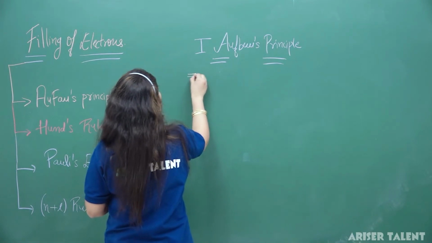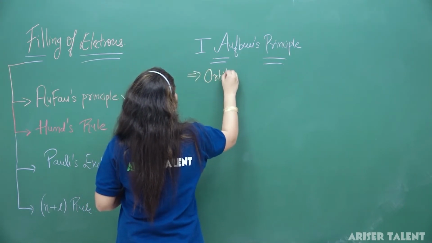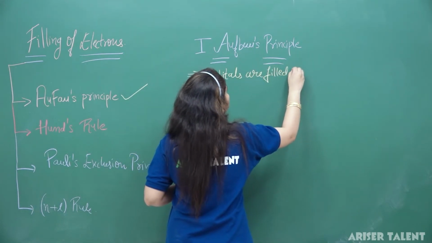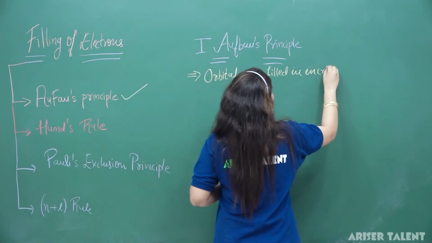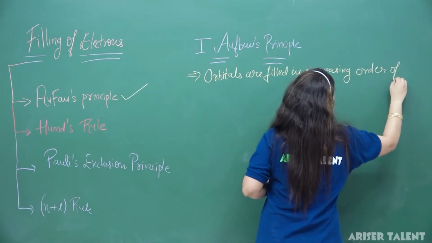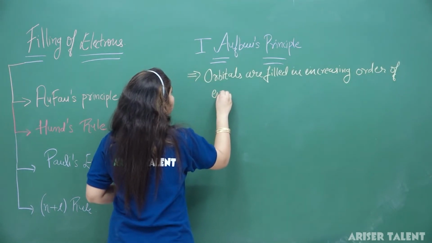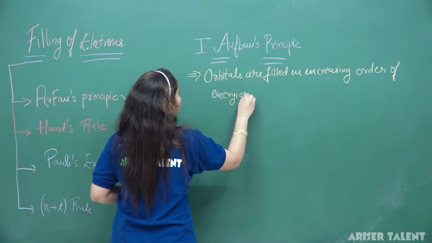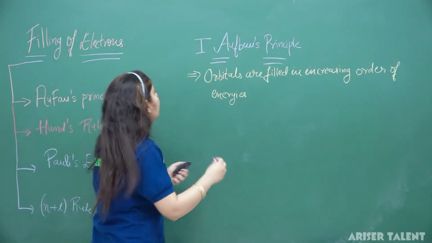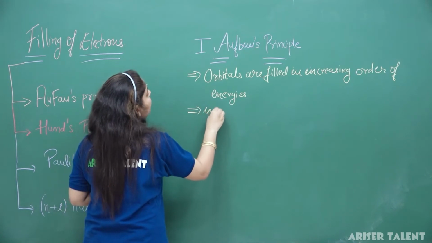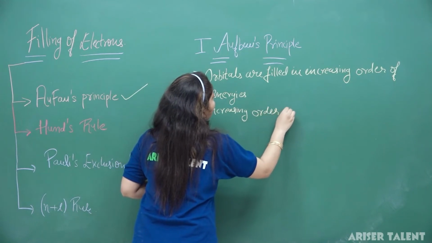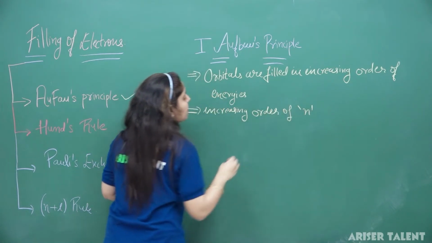So the Aufbau principle states that orbitals are filled in increasing order of energies. If we want to fill the orbitals in increasing order, it will be in the increasing order of n.